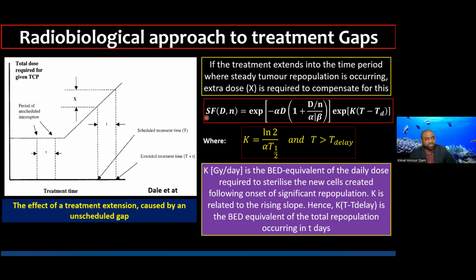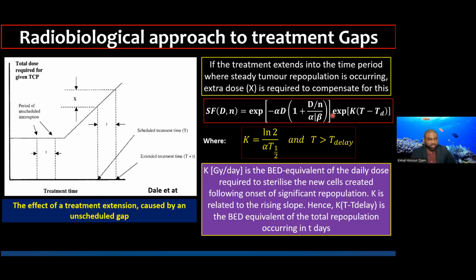Now, when you look at this equation, there are key differences that I want to emphasize here. This section is added to take care of the extra cells that are created because of rapid repopulation.